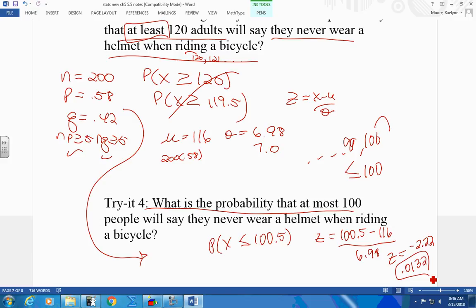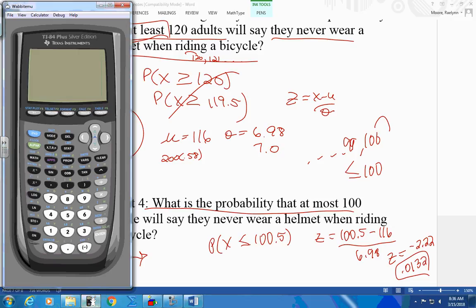Now, if you use your calculator, and your calculator works great with this, you just have to correct it. So you're going to put your lower limit, negative 999, your upper limit, 100.5, your mean, and if you want to let your calculator do this part, feel free.